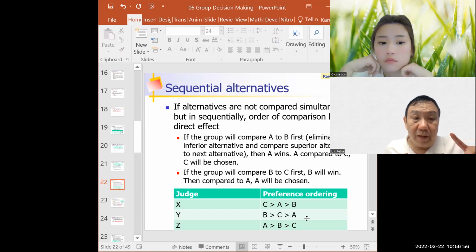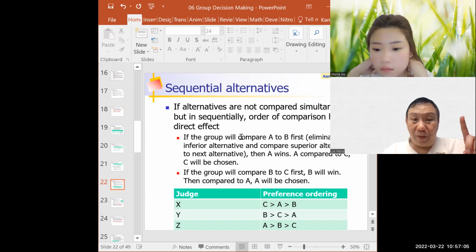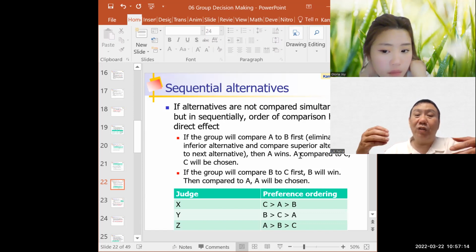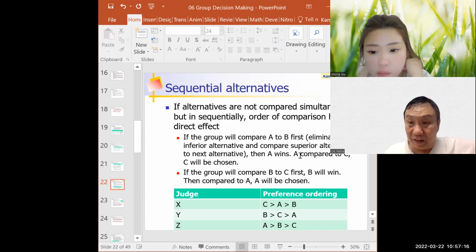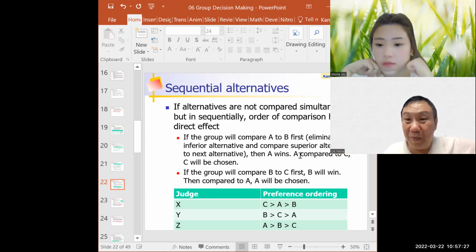Say the group will compare A to B first, then we eliminate the inferior alternative, and then we compare the superior alternative with the next alternative. Then A will win. So based on the sequence, the result will be different.